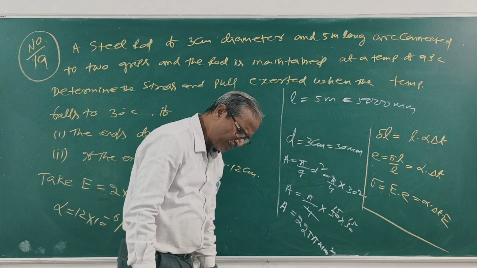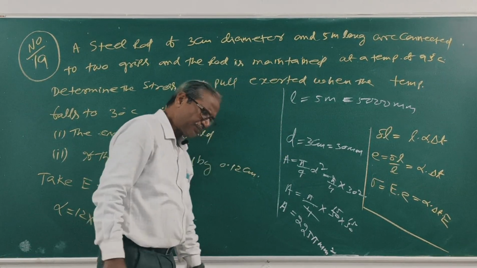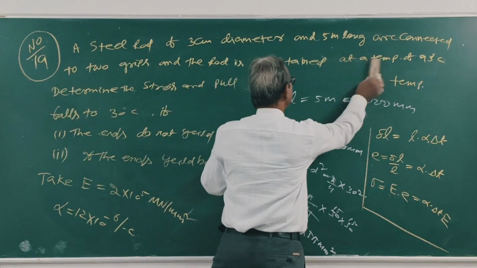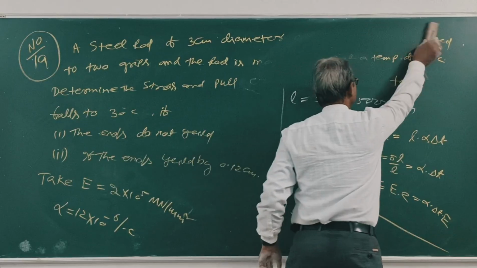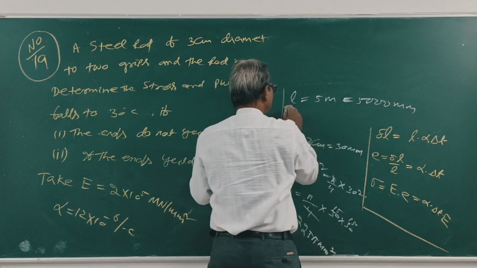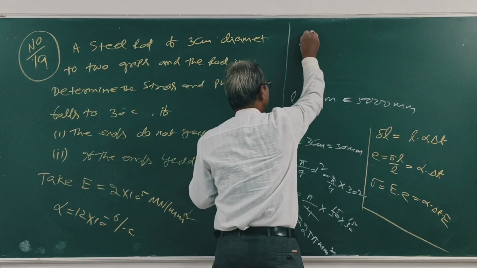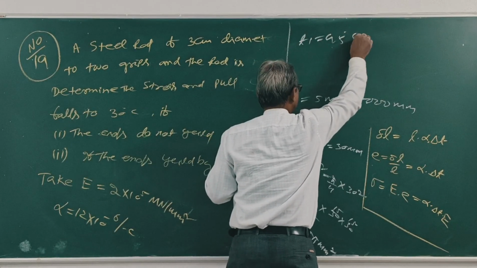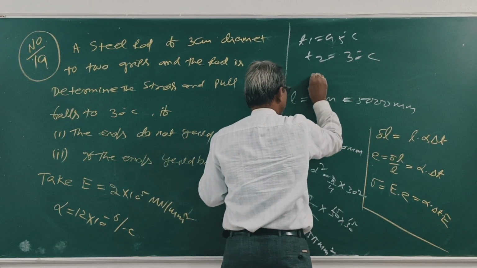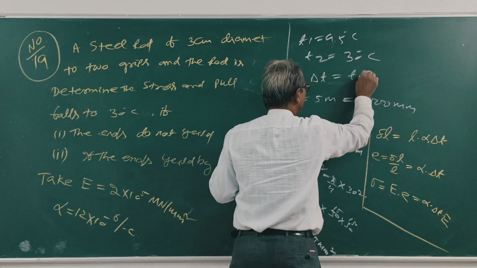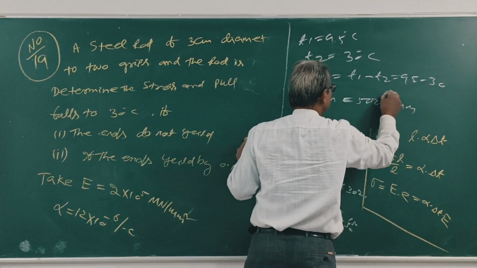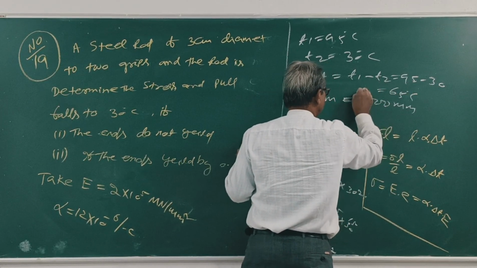So T1 is equal to 95 degrees centigrade, T2 is equal to 30 degrees centigrade. So delta T is equal to T1 minus T2, so 95 minus 30 is equal to 65 degrees centigrade.